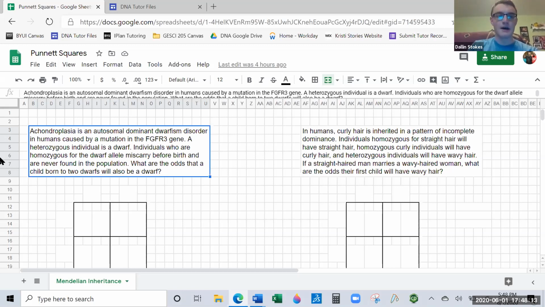So in this case, it's autosomal dominant, which means it's on an autosome. It's on chromosomes 1 through 22, I don't care which. And it's dominant to the normal condition. But if you've got 2 of the dwarfism alleles, the baby never gets born. It's impossible to survive.